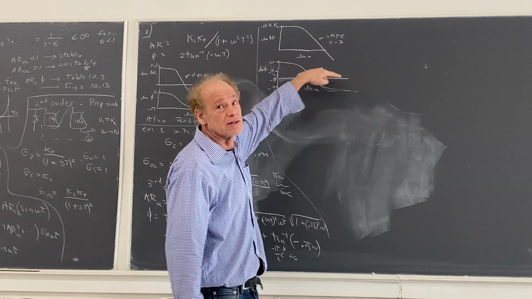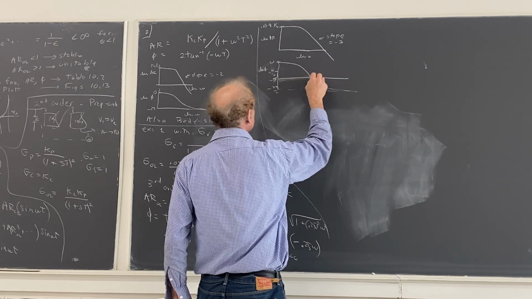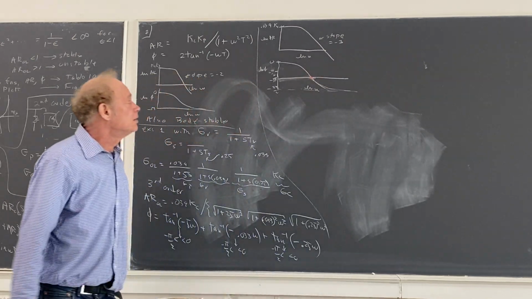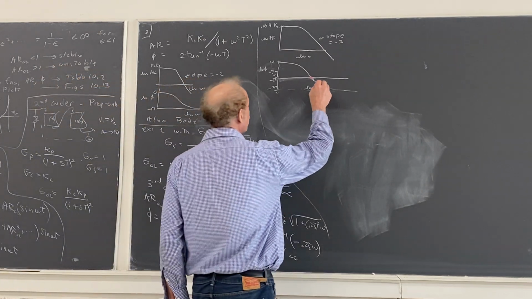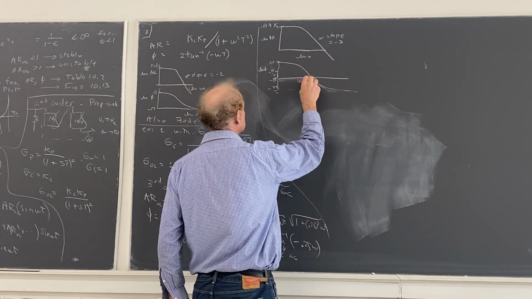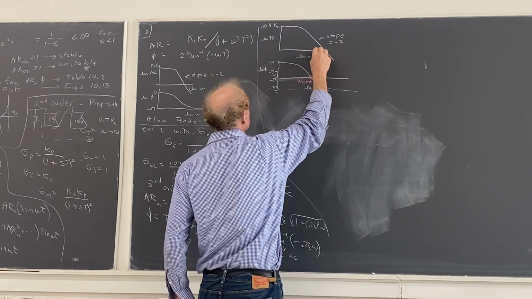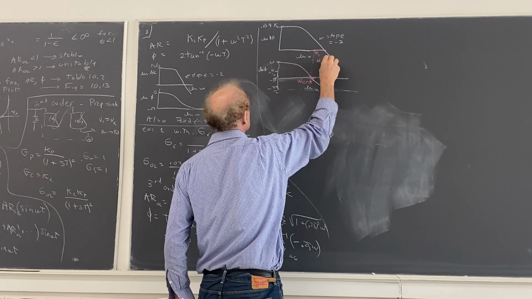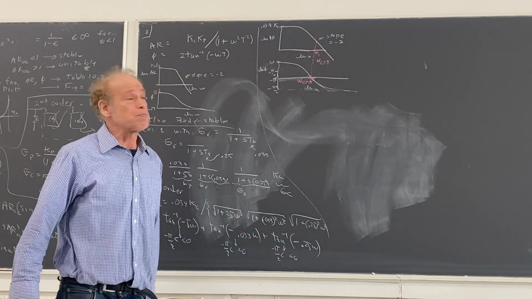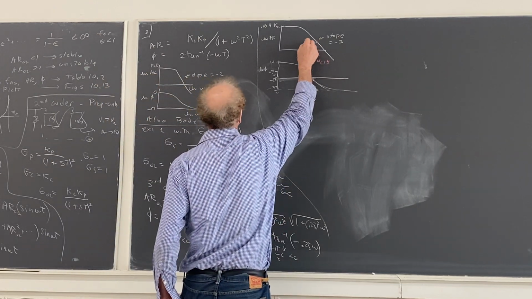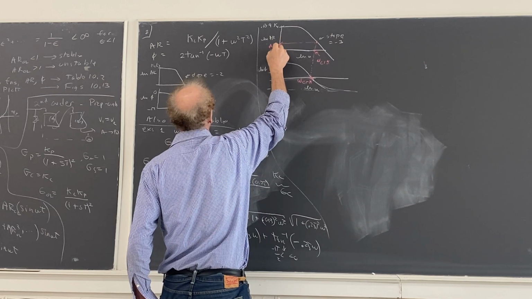There's only one omega that gets me minus pi. And then what we do is we find the omega where phi is minus pi, and we're going to call that omega critical. And then we go up. Here again is omega critical, to the amplitude ratio curve, and then we read across, and this is AR critical.